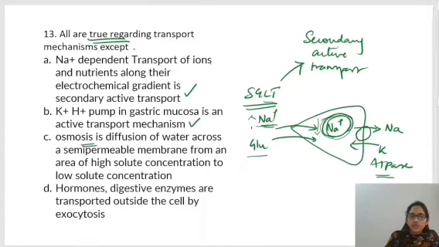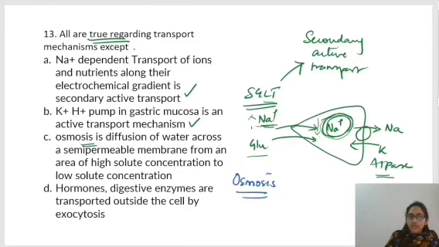Osmosis is diffusion of water across the semi-permeable membrane from an area of high solute concentration to low solute concentration. Do you say yes for this? Osmosis we've been learning for such a long time. What is osmosis? It is the diffusion of water across the semi-permeable membrane. But what is the difference?